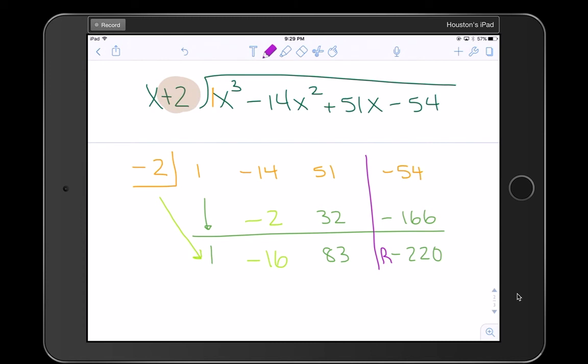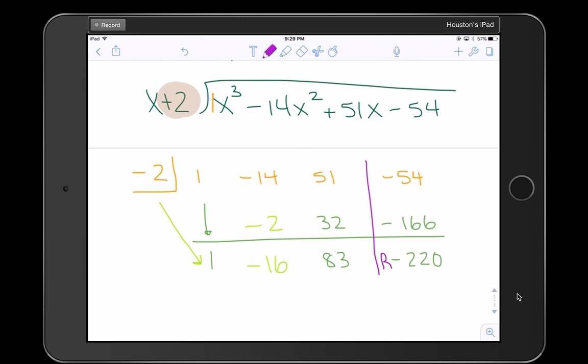The rest, the coefficients of 1, the negative 16, and the 83 at the very bottom, we need to put variables with those. And since the original problem was x cubed divided by x, I know there was other stuff there, but we're only going to focus on that first term. X cubed divided by the x out front is x squared.